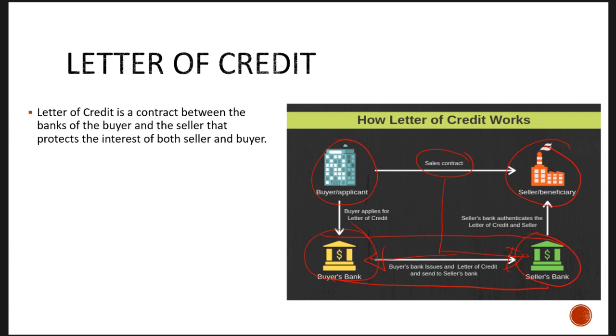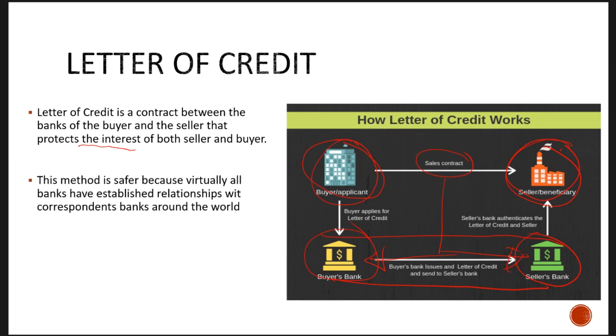So the letter of credit is a contract between the banks and the buyer, for both buyer and seller. In this case, it is the exporter and the importer, to protect their interest. It means that the bank will protect the importer's product, and the bank will protect the exporter's payment. So this is the meaning of letter of credit.